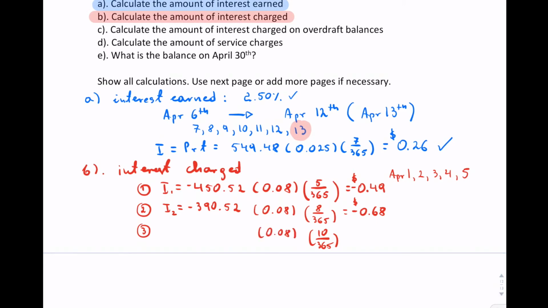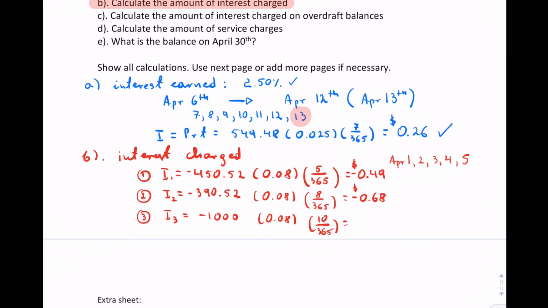So this was on $1,000 of interest. And so let's calculate that through. So this is a little bit more. So it's $2.19.